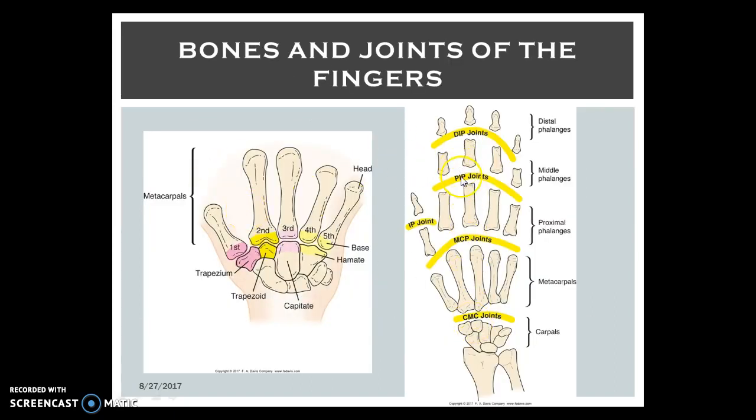I just put this slide in again so that you remember where everything is. Here you'll see that the first metacarpal articulates with the trapezium, the second metacarpal with the trapezoid, the third metacarpal with the capitate, and the hamate articulates with the bases of both the fourth and fifth metacarpals.